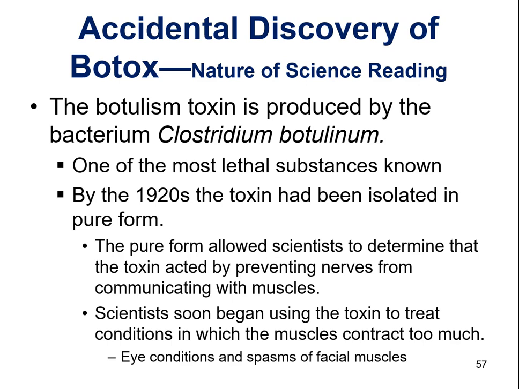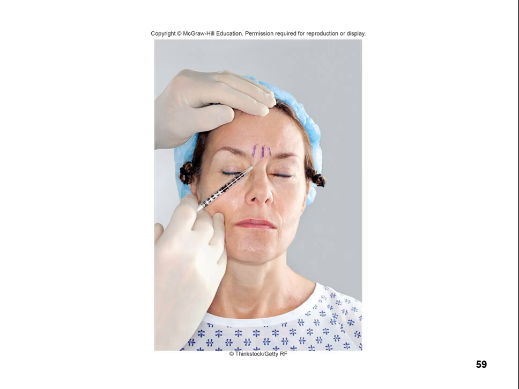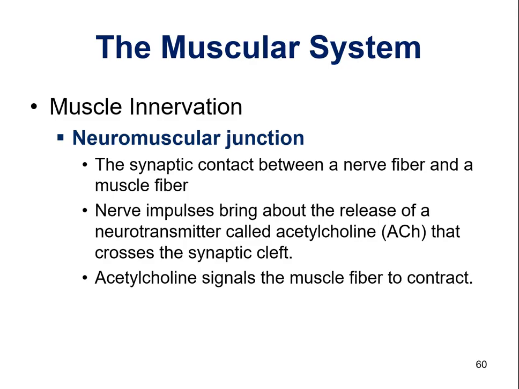Something being used for something else, and then that scientist or clinician notices some other effect. And that's the case with this as well. All right, so this is showing you here, again, it has to be locally injected in small amounts in certain areas. And then, like I said, it will wear off and would have to be re-injected after a certain amount of time. Okay.